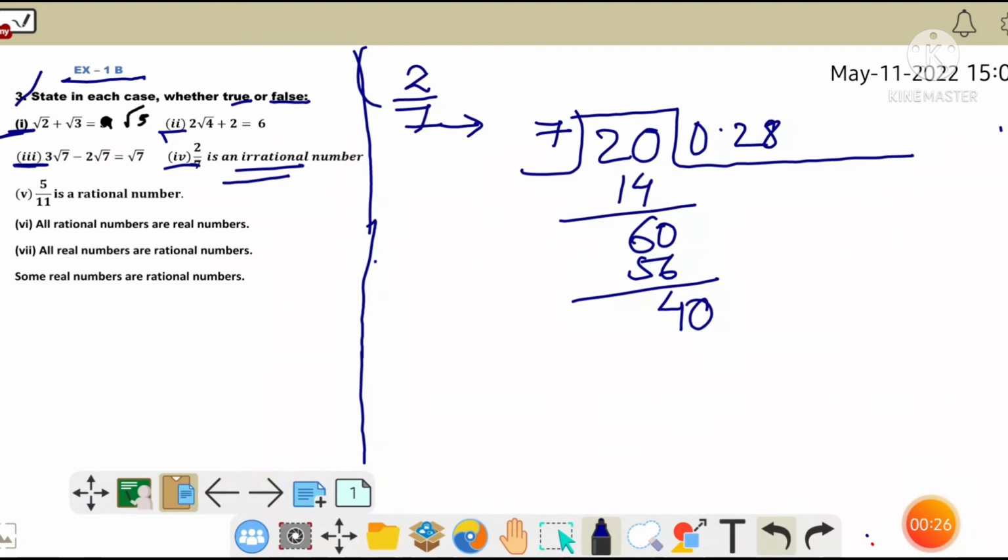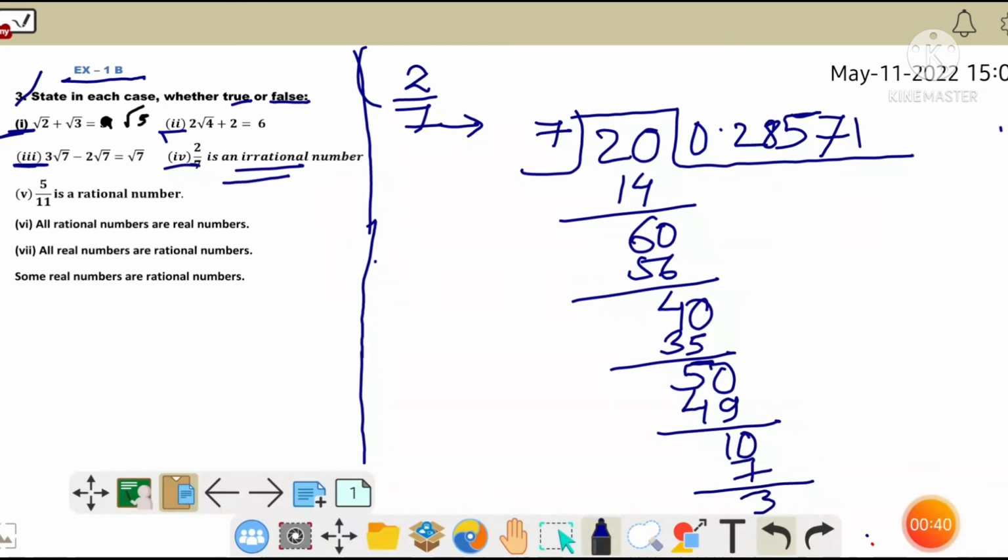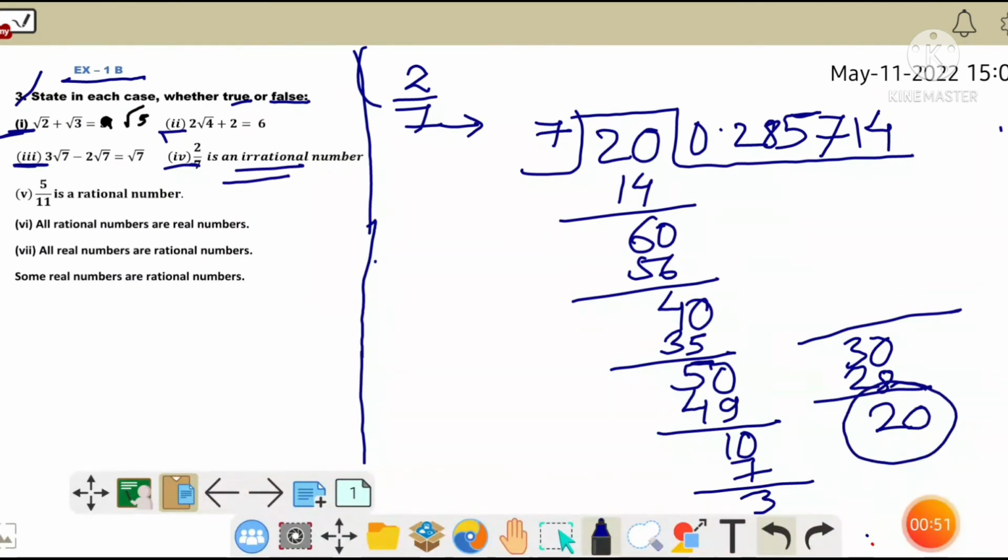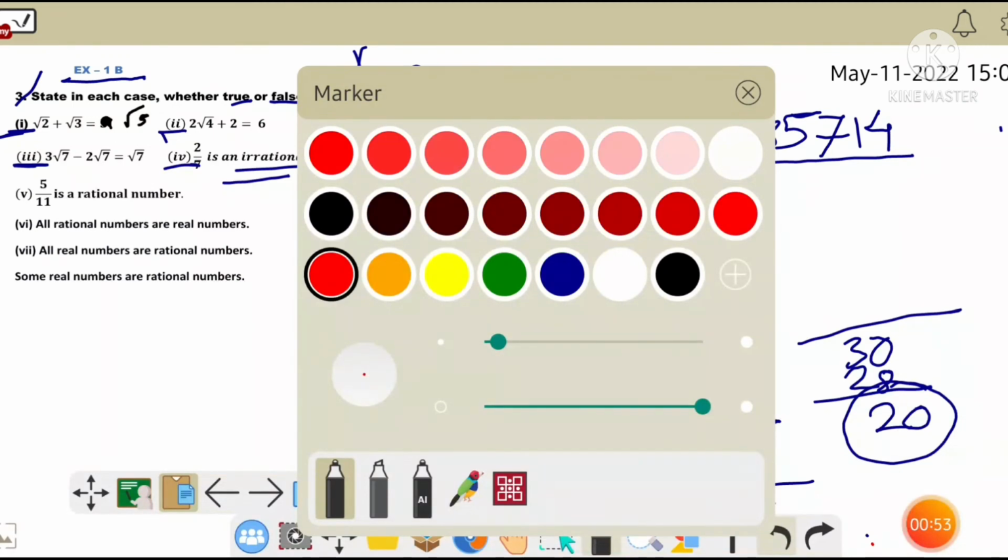Add 0, 40, and 7 5's are 35, we'll have remainder 5. 50, and 7 7's are 49, we'll have remainder 1, then 10, 7 1's are 7, we'll have remainder 3, 30. Then 7 4's are 28, we'll have remainder 2.